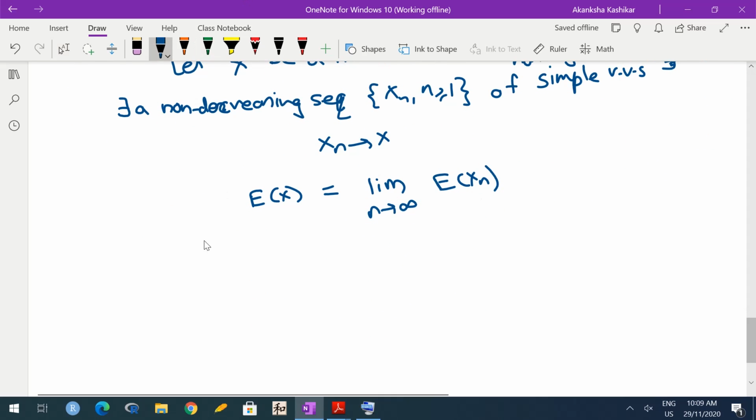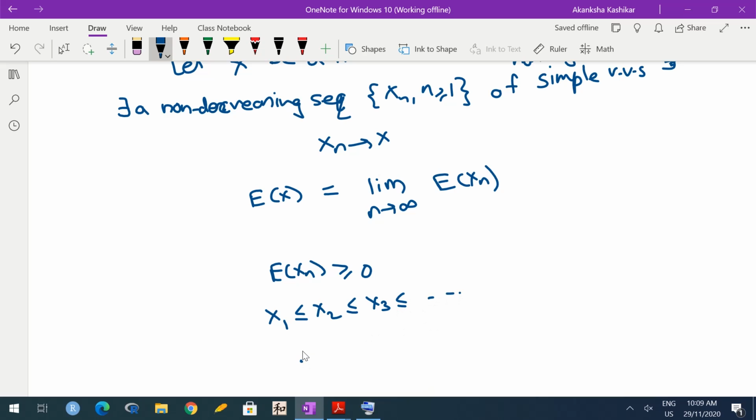So we said that xn's are non-negative, so expectation xn is always greater than or equal to 0. Okay, and we also know that xn's are non-decreasing. So what we know is x1 is less than or equal to x2 is less than or equal to x3, etc. Therefore, from the properties that we proved, expected x1 would be less than or equal to expected x2, less than or equal to expected x3, and so on.